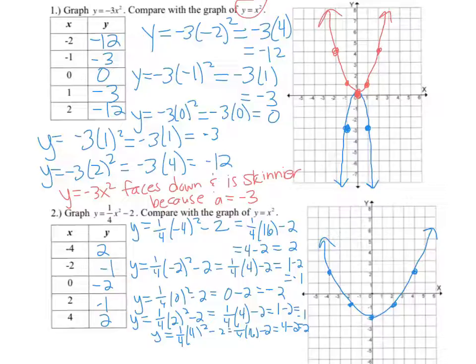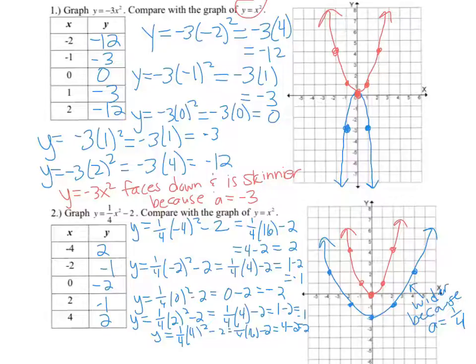Here's my parabola. And again, I'm going to compare it to the parent function. So the parent function is 0, 0, 1, 1, 2, 4, negative 1, 1, negative 2, 4. And so what we see is our graph. So y equals 1/4 x squared minus 2 is wider because a equals 1/4, which is less than 1.